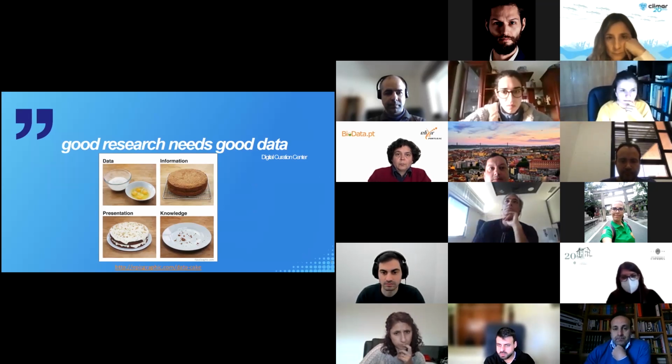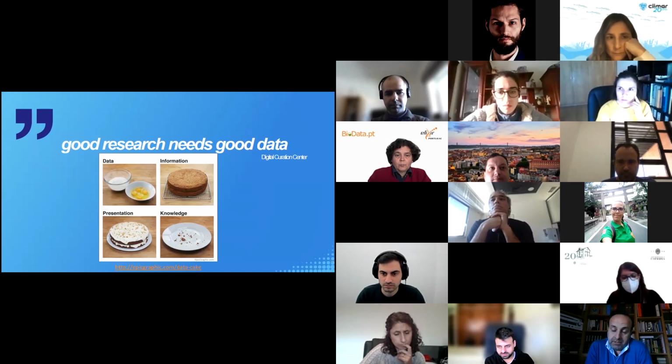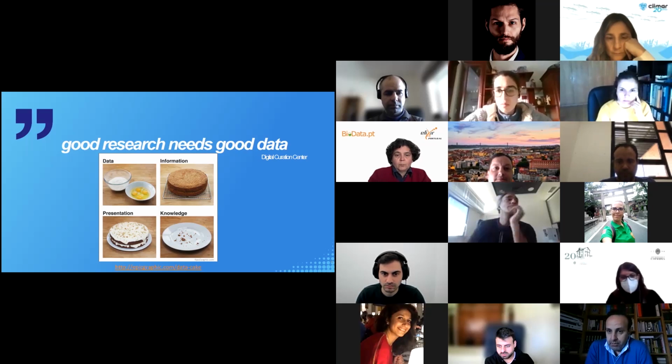When we talk about these three concepts: archiving, sharing, and publishing, we are talking about managing data, and managing data is just preparing the data properly within the research life cycle.